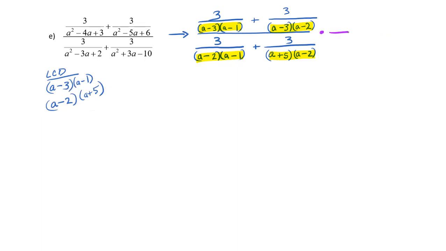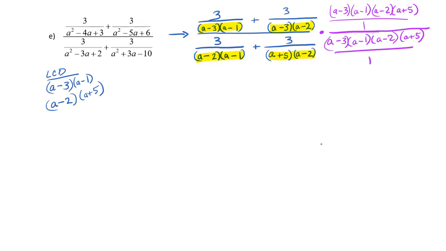So here's my funny looking fraction. I have a minus 3, a minus 1, a minus 2, a plus 5. That's my numerator, and then also in the denominator. And then I'm just going to distribute that through.